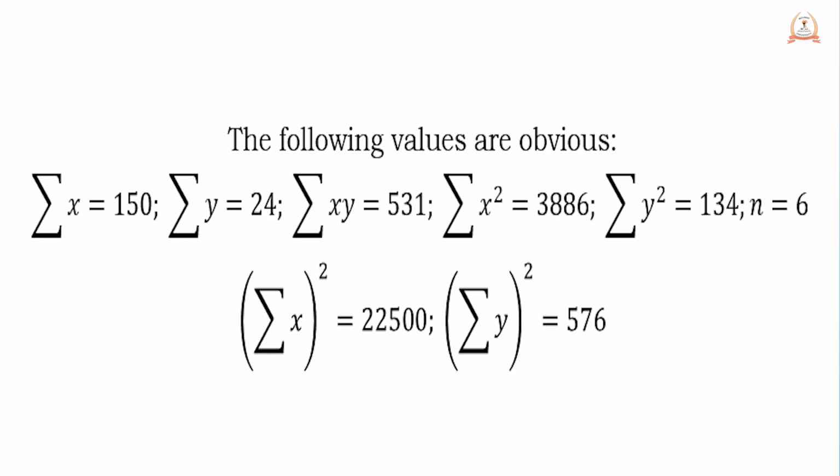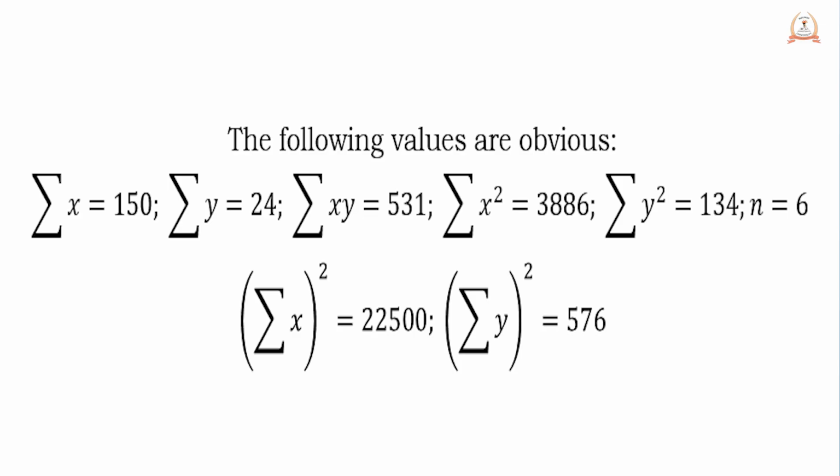So you realize that, for example, the sum of x would be 150. If you go back to the data which I showed you earlier on, the sum of y is 24. The sum of y squared is 134. The number of paired observations was 6. If you remember, be very careful. The (sum of x) squared is 22,500.